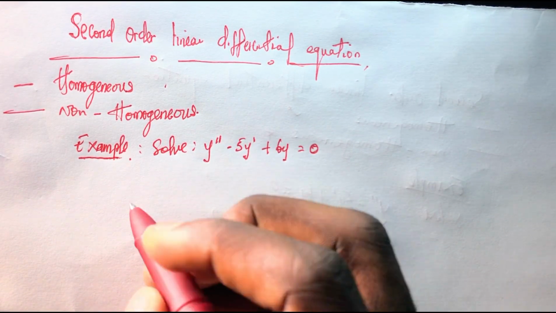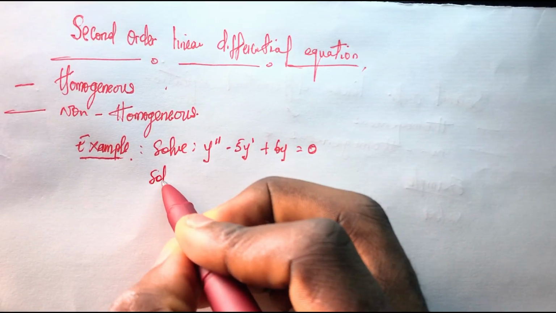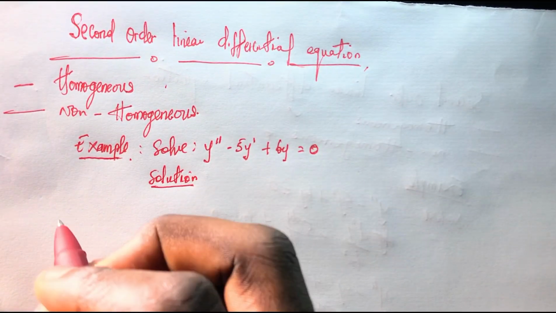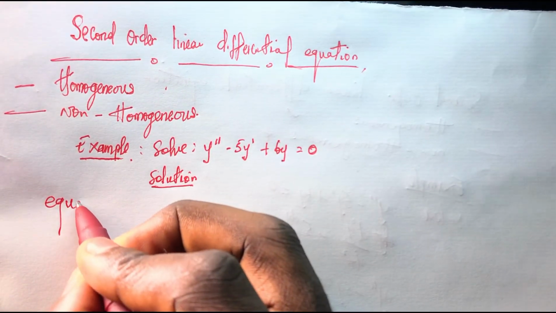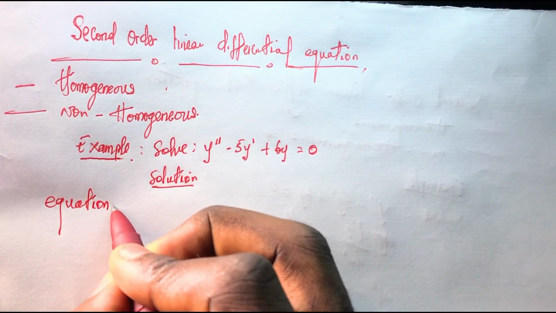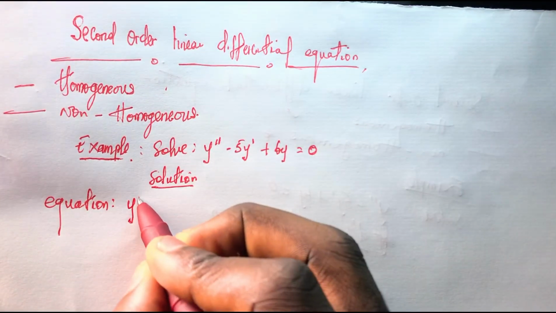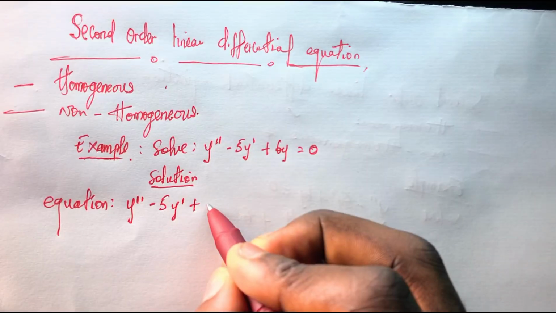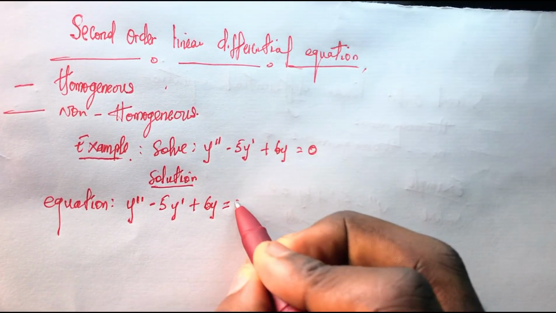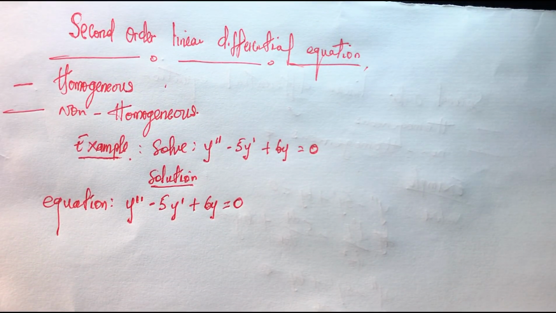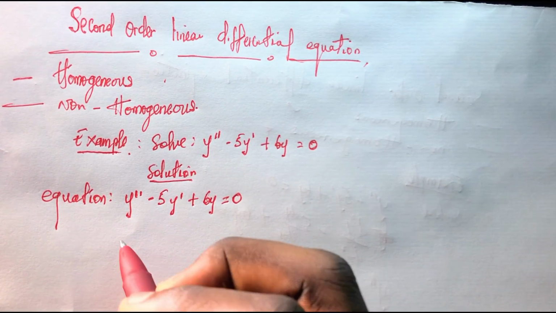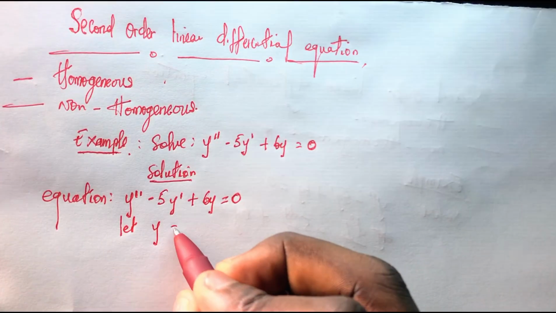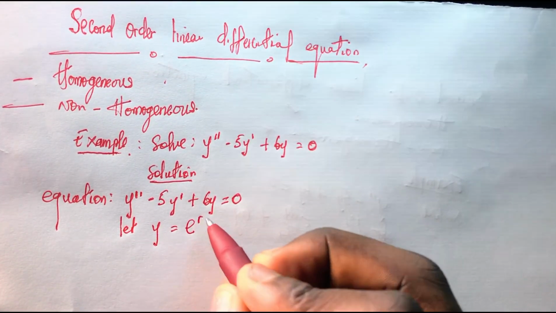To solve this, we have our equation y double prime negative 5y prime plus 6y equals 0. Next, we can say let y equal exponential rx.